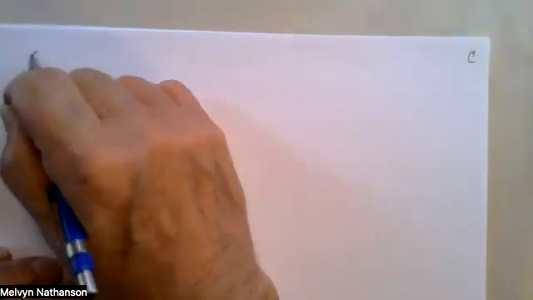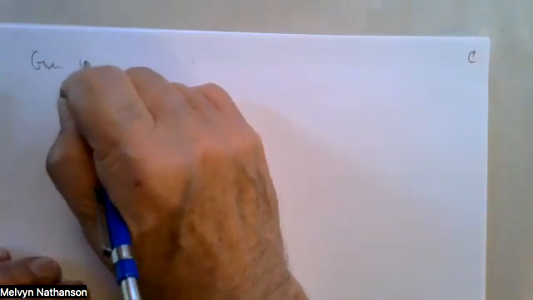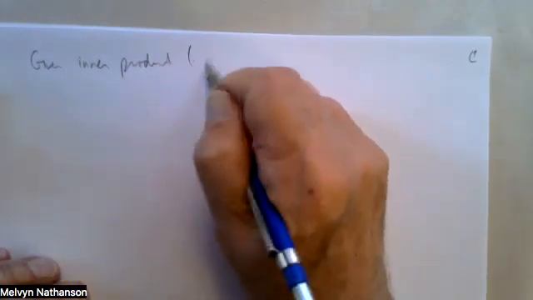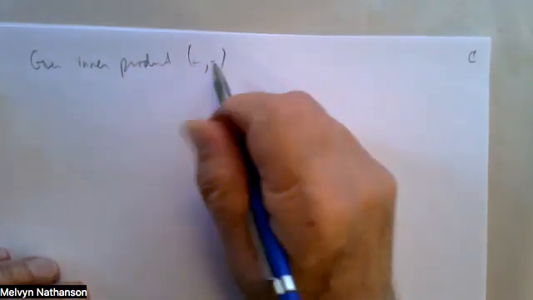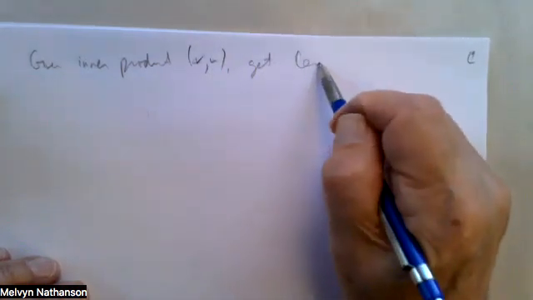And there's some very nice geometrical properties that connect inner products and lengths. So let's see. Given an inner product VW, we get a length.